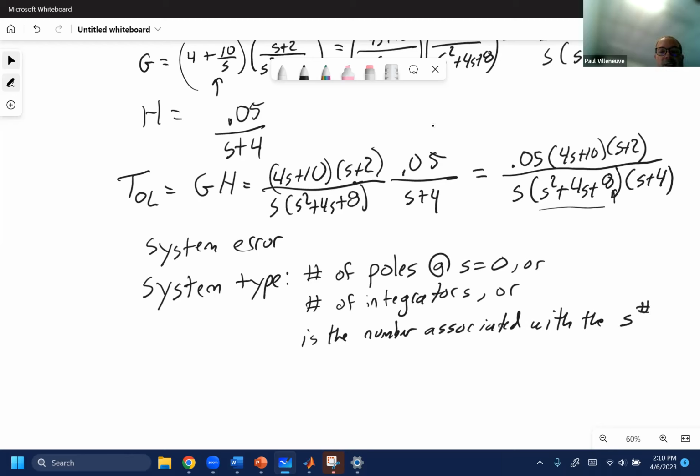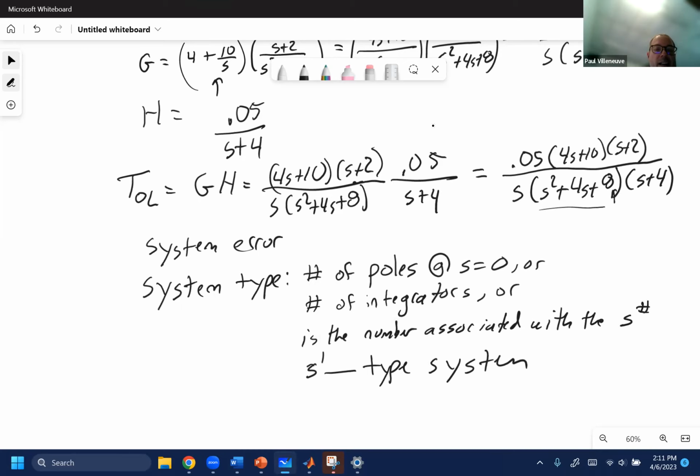So in this case, we have S to the 1, which implies a type 1 system. Okay. So we had to do a little bit of work to figure out the system type that this has, type 1 system.